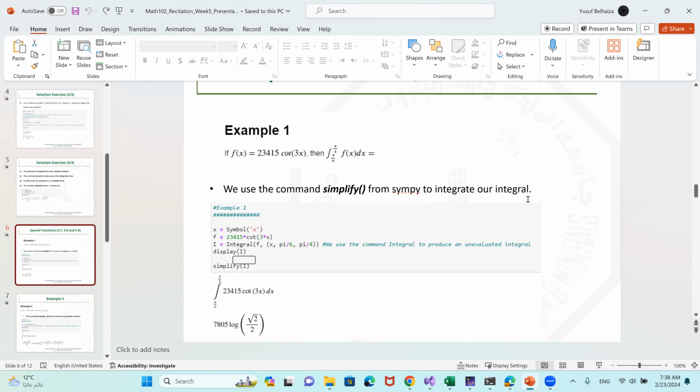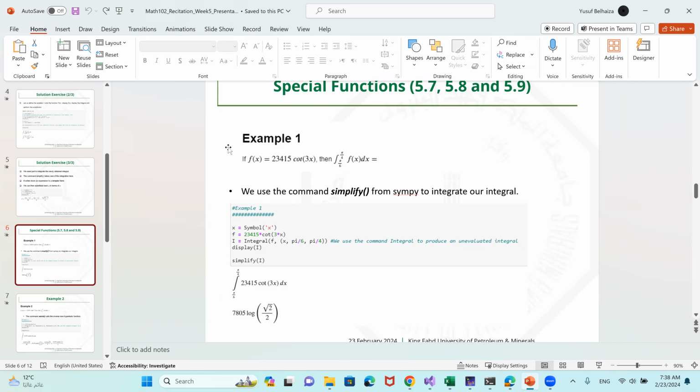For this week, we have 4 examples. First one is example 1, and we'll say that if f of x is 23,415 cotangent 3x, then what is the integral from pi over 6 to pi over 4 of f of x with respect to x? So what will we do?